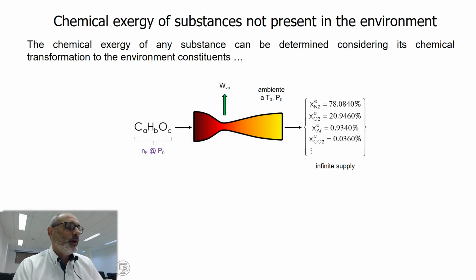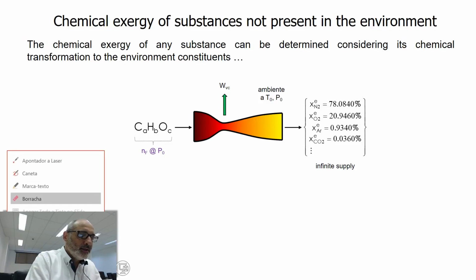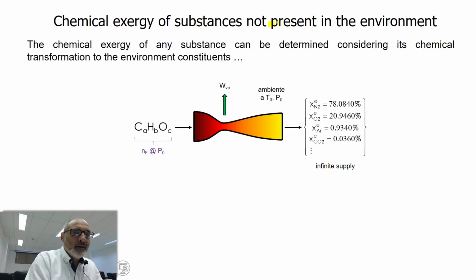Now we did all the analysis without chemical reactions. Now let's try to assess the chemical exergy of a generic substance that is not present in the environment. This subject is very vast, and for practical reasons, I'm going to model my substance like this. Why?